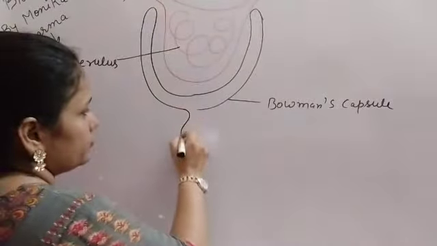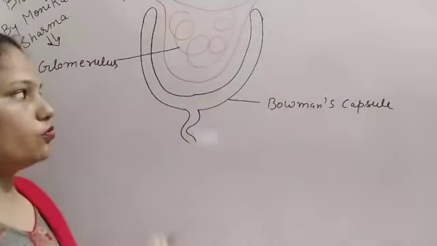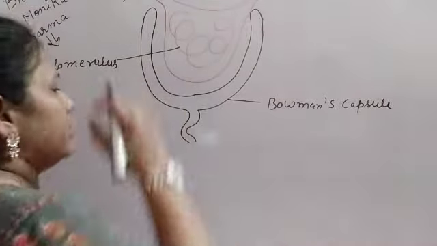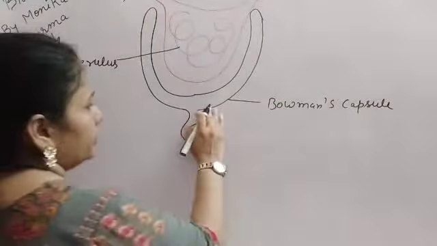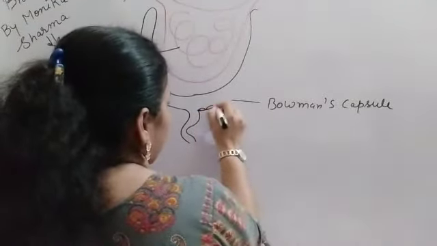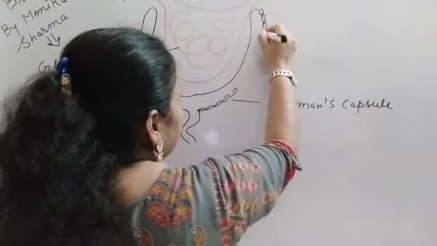And how does it take place? It takes place through the different layers of the Bowman capsule and the glomerulus. The Bowman capsule has epithelial cells on the outer region and also on the inner region.